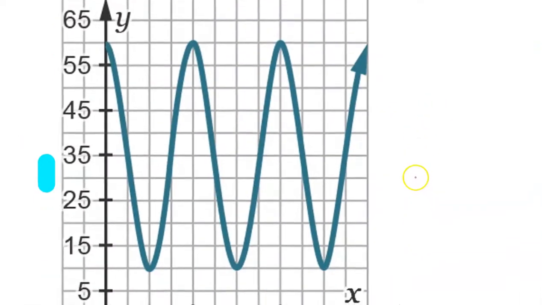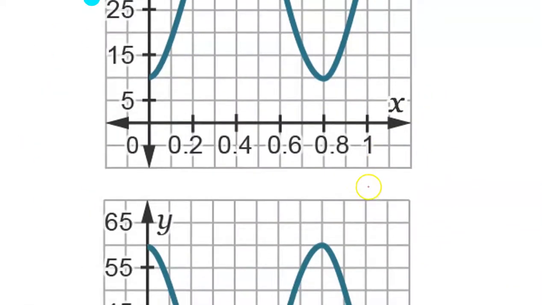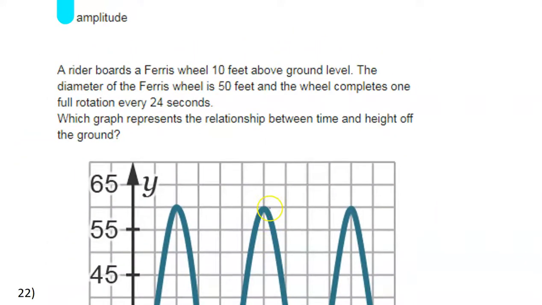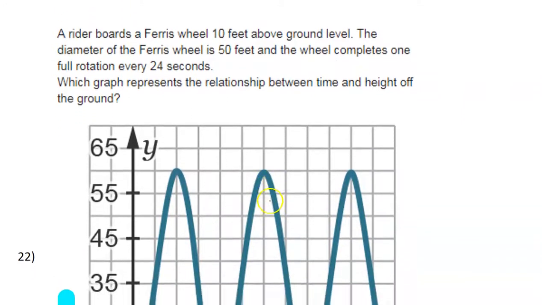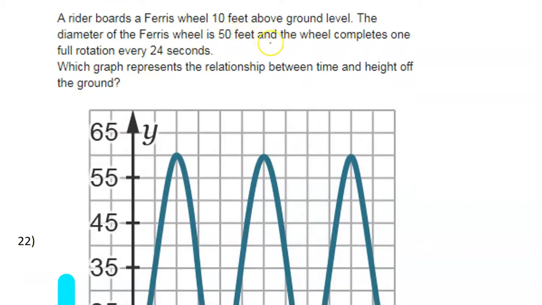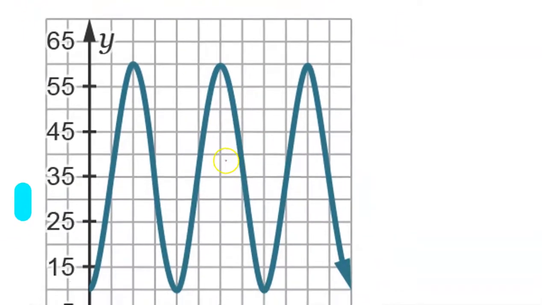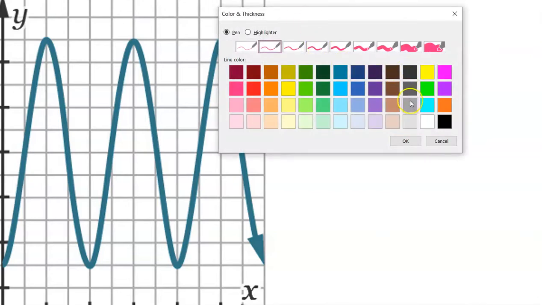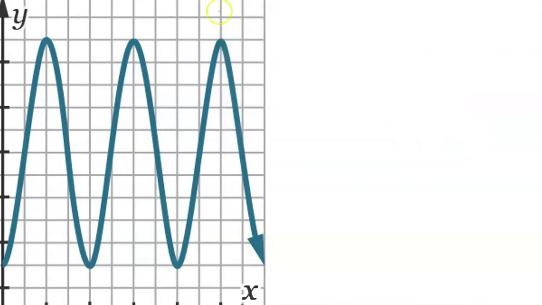So we have several graphs to choose from, and we have to pick the one that matches the story. Okay, a couple of things. For example, you need to understand what the word diameter means to be able to do this problem. So hopefully you remember easily from geometry class that when we talk about a circle, let's draw a circle.